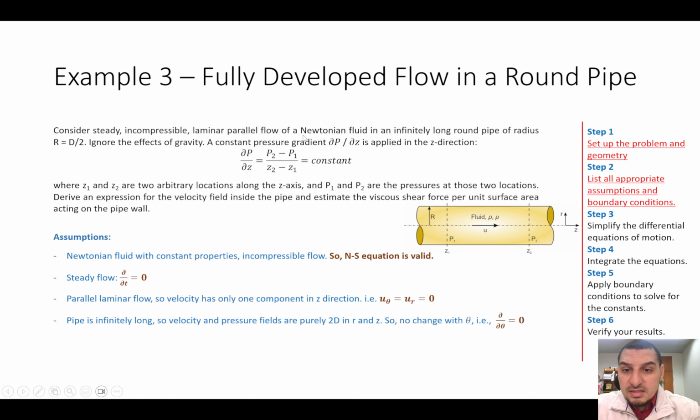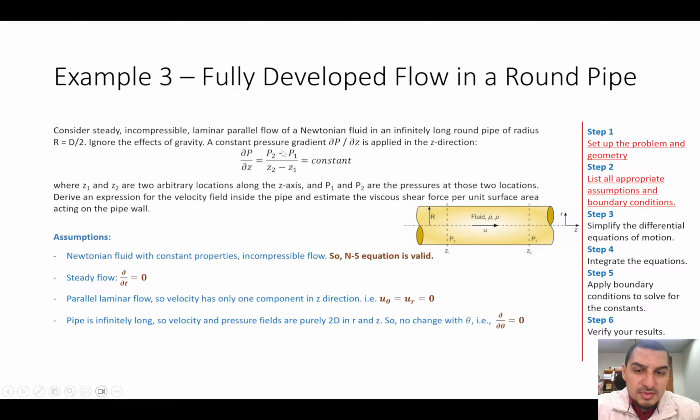It says that the pressure gradient is constant. It's applied in z direction, so there is change of pressure with z. This is something we know, that the pressure P1 is larger than P2. So P2 minus P1 over Z2 minus Z1 is dP by dz. And of course it's negative because Z increases in this direction and the pressure decreases.